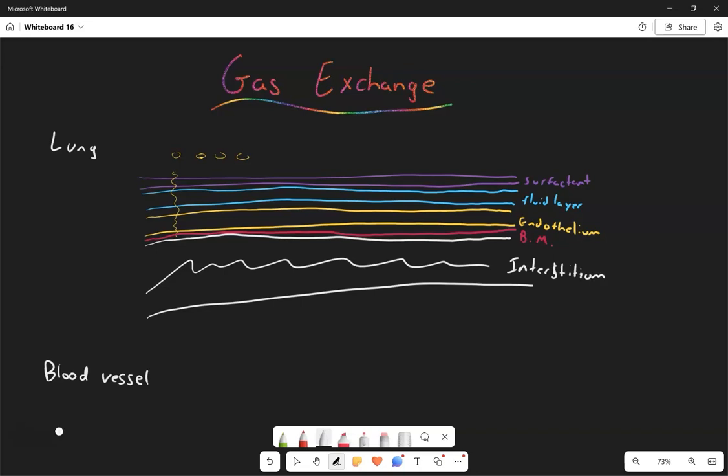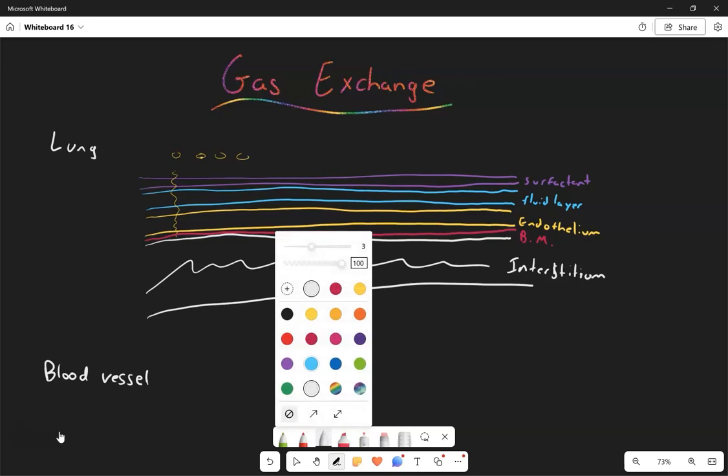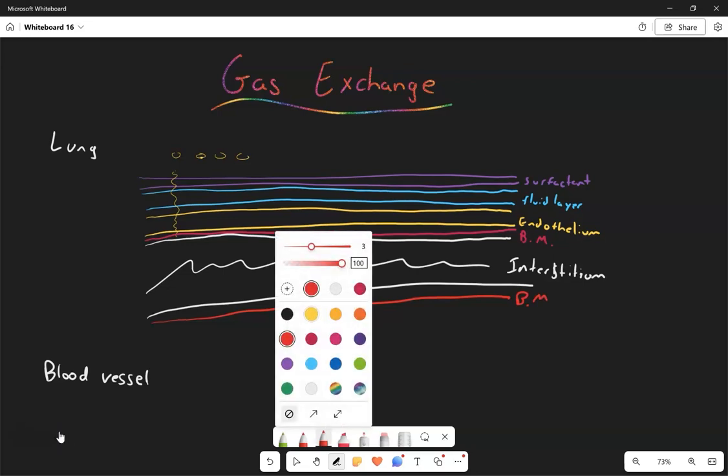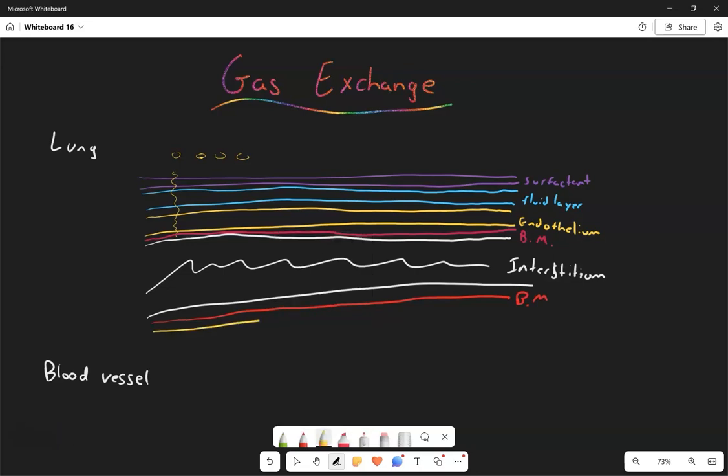And then on the other side, this is our blood vessel. Our blood vessel is going to have a basement membrane, like so. It will have a basement membrane that the endothelium of the blood vessel is going to sit on.